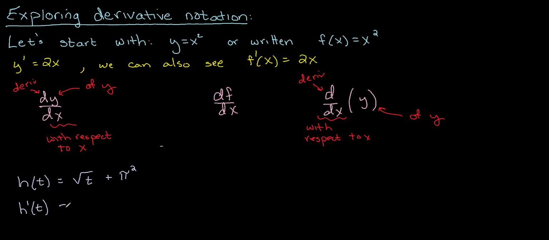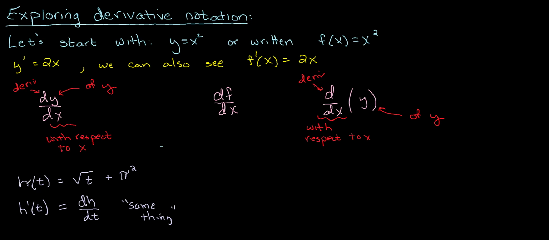So I'll just write that this is equal to dh dt. Same thing. That's why they're equal. And the reason it is the same thing is because we're taking the derivative of the function h, with respect to the variable t.